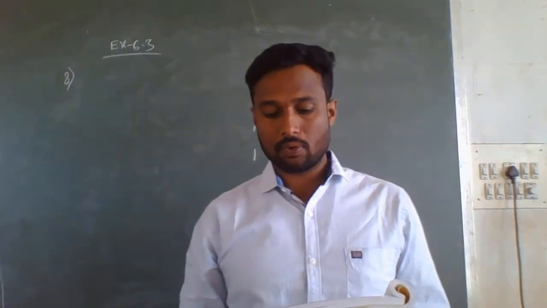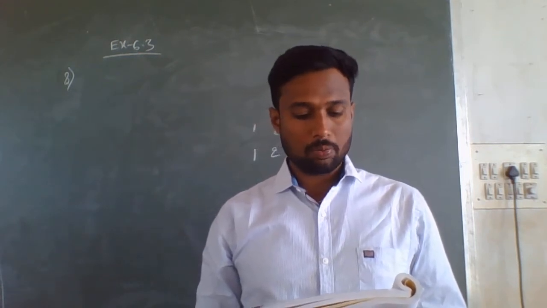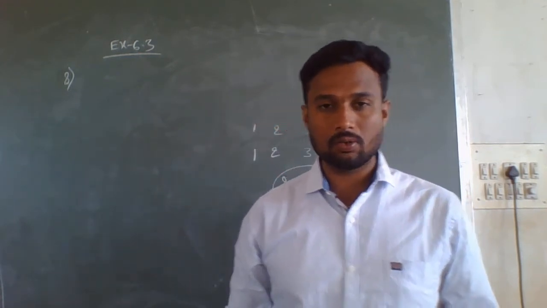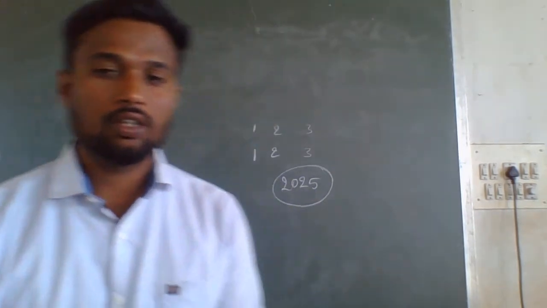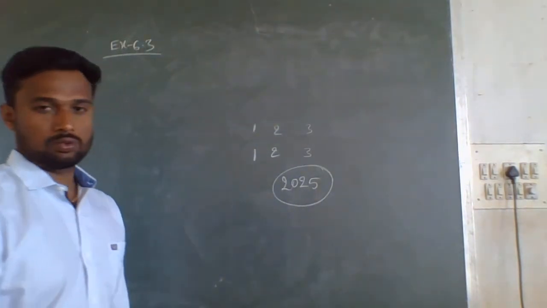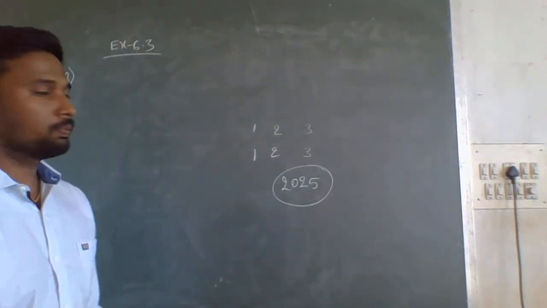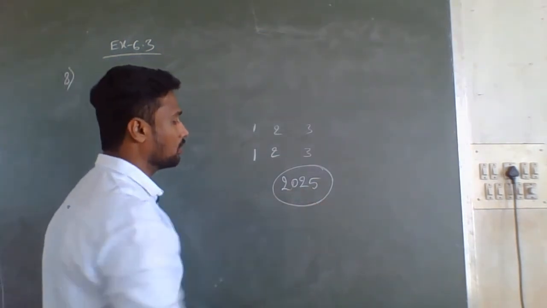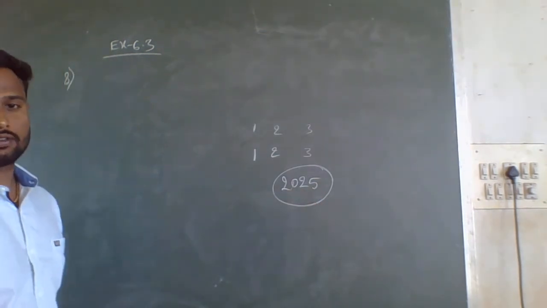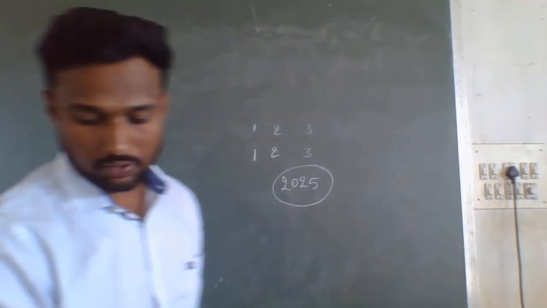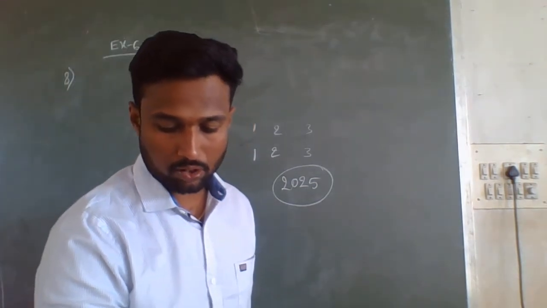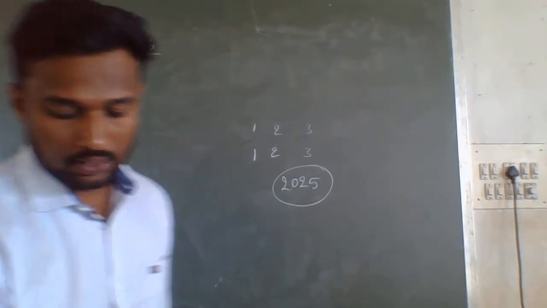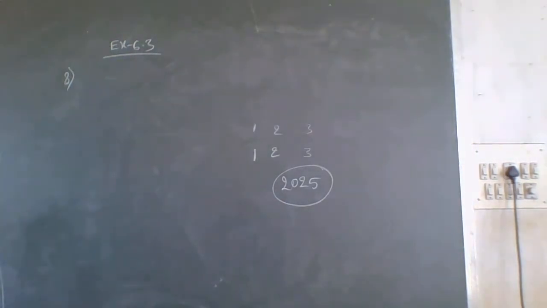Find the number of rows and the number of plants in each row. So we have to find the number of rows to plant 2025 plants.